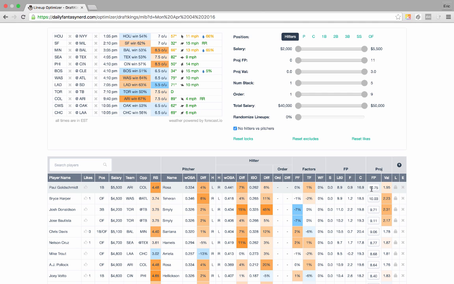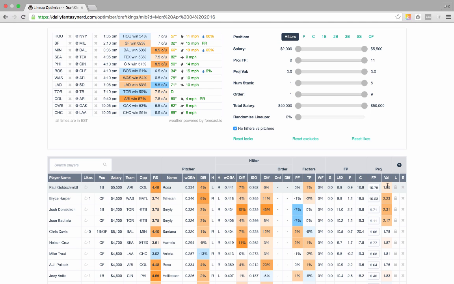So if someone moves up in the batting order, their plate appearances are going to be adjusted based off of where they're hitting, as well as we actually adjust by the run and RBI production based off of each lineup spot as well, because guys that are hitting first through third are typically going to have a much higher likelihood of scoring runs and knocking in players than guys that are batting like 7th or 8th. So all of that is incorporated in here.